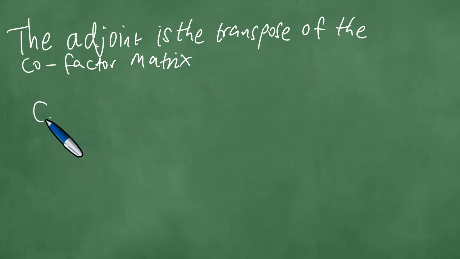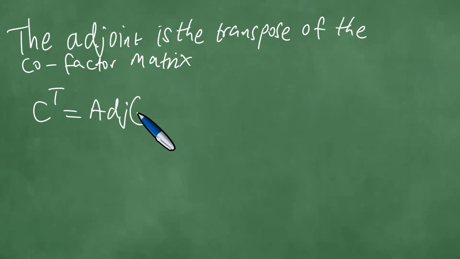So which means that C transpose is the adjoint of A. So the adjoint is the transpose of the cofactor matrix. So now if you find the transpose, what is the transpose?